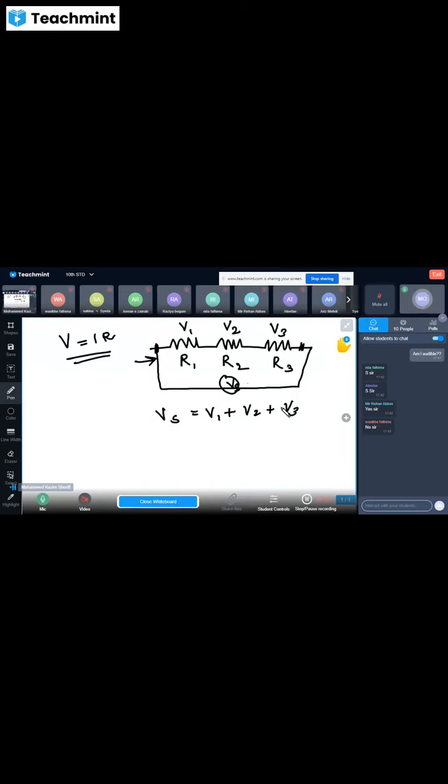Am I right? Correct. Now, V is equal to IR, correct?